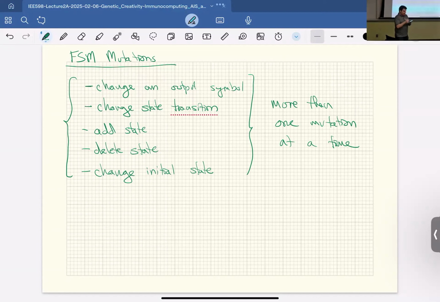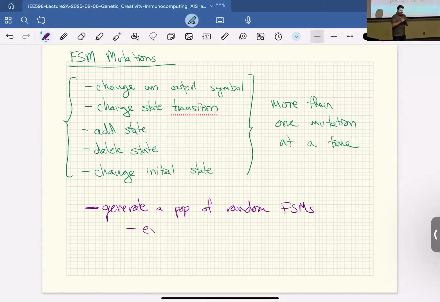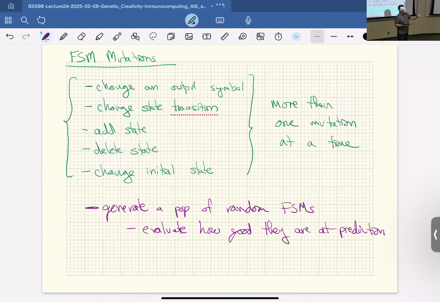With all of that, you generate a population of random FSMs. You evaluate how good they are at prediction. So you run a bunch of words through them: this is a blank, what do you predict? How often do you get it right? Over and over and over again.